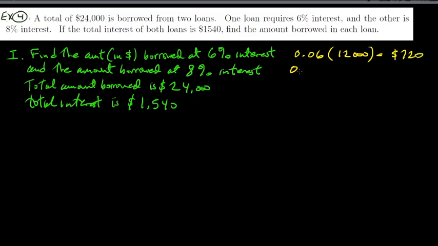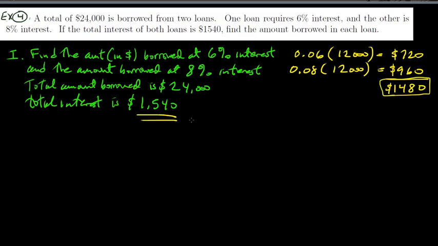And at 8% interest, if we also borrowed $12,000, that's $960. So the total interest would be $1,480, which is close, but it's not exactly $1,540.